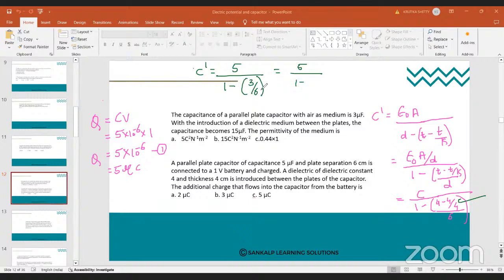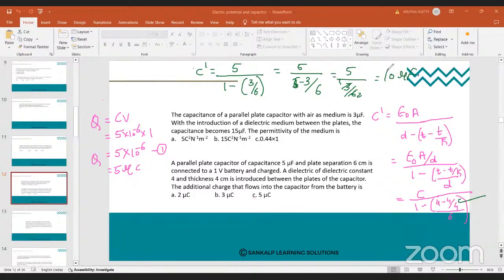Or else we can take the LCM. 6 minus 3 divided by 6, which is equal to 5 divided by 3 by 2. If it goes in the numerator, it is 10 microfarad. This is C dash value.